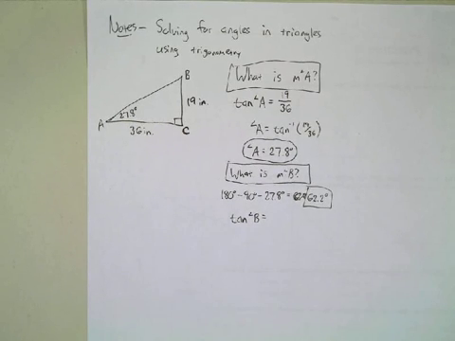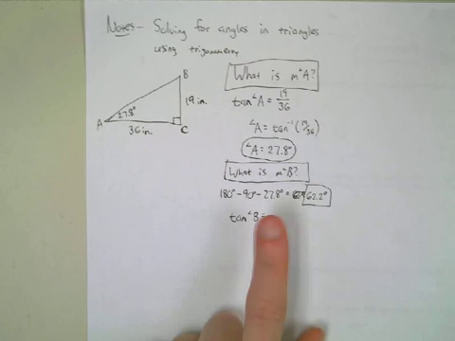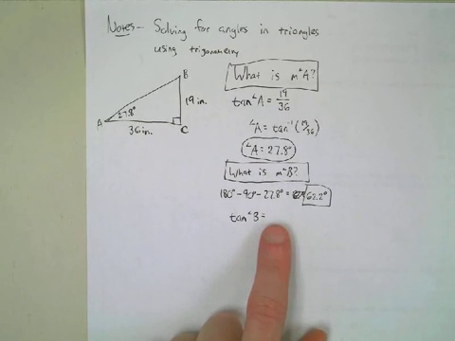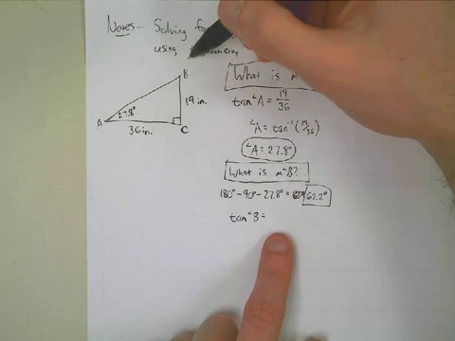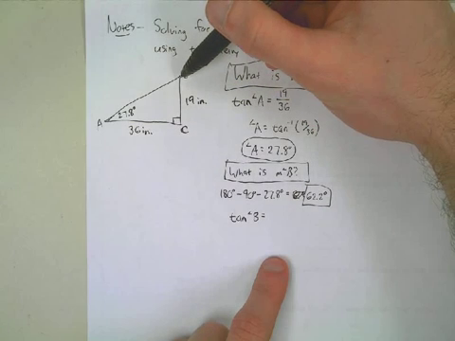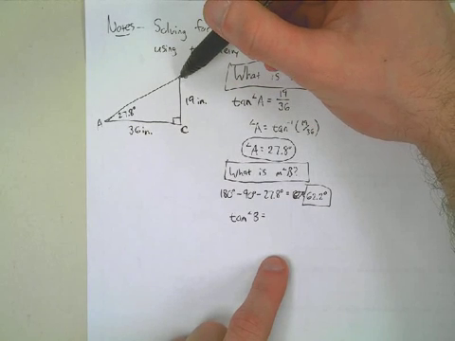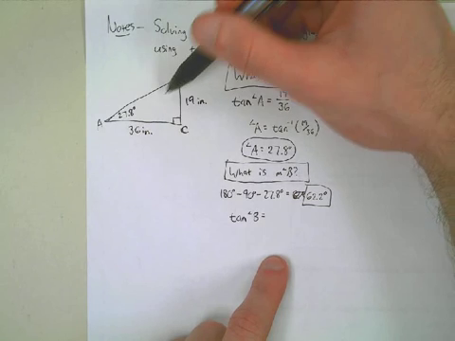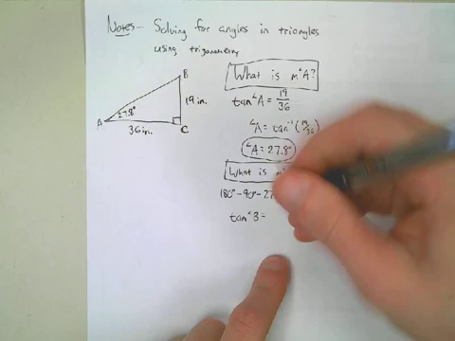What's the ratio going to be? What over what here, Chris? It does have 19 and 36, but it'll be 36 opposite over 19 adjacent. How do you know?